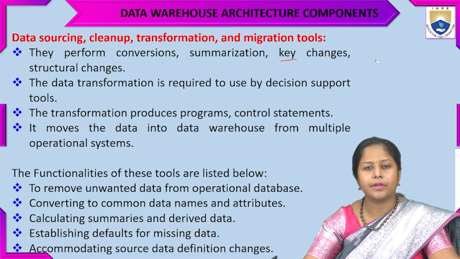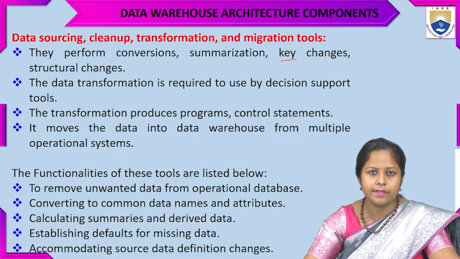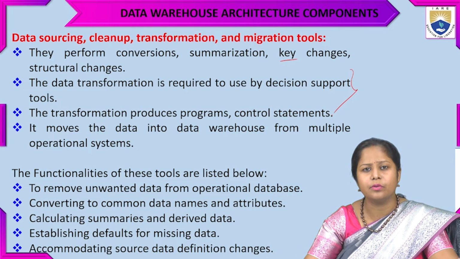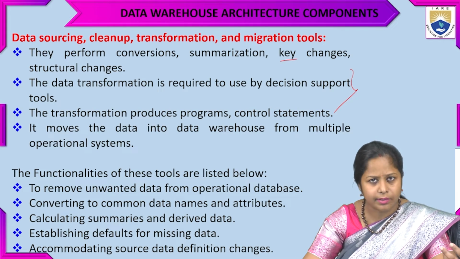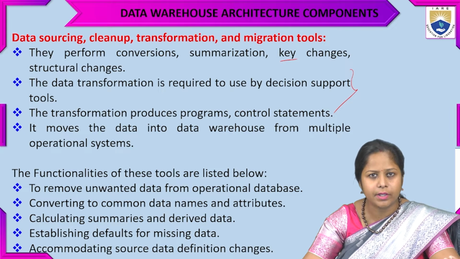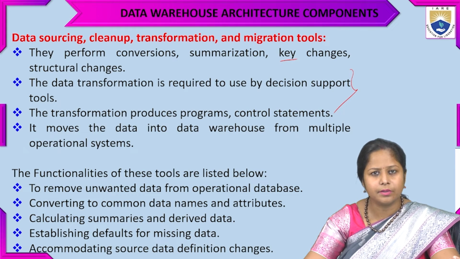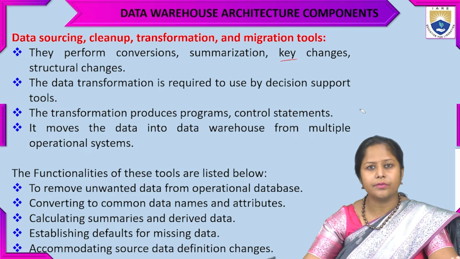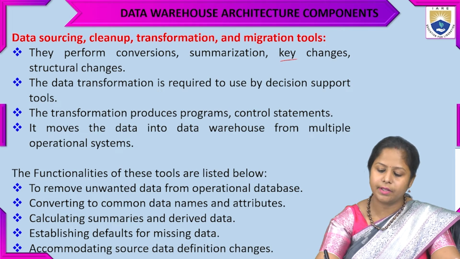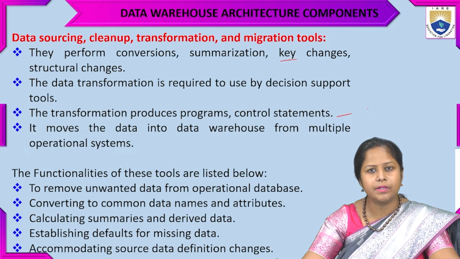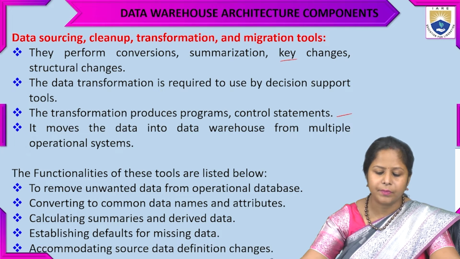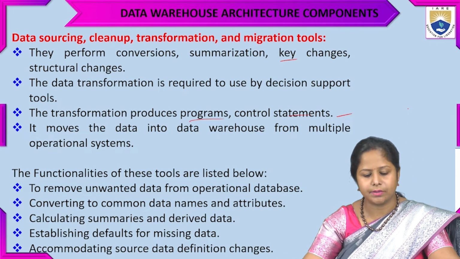Second, data transformation is required by decision support tools. There are some decision support tools that we use, and then we are able to do the data transformation. That is a must for data transformation, right? The transformation produces programs and control statements. After processing by the tools in the data warehouse, we get the programs and control statements.